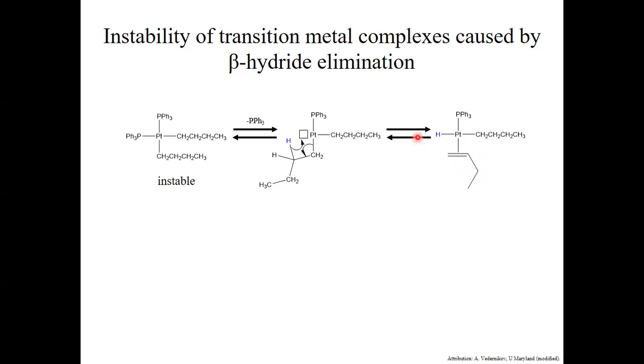Even though this is an equilibrium reaction, because we slowly remove this alkene from the chemical equilibrium, your compound decomposes over time. In contrast to that, this molecule here is stable. Here we don't have butyl groups, only methyl groups. And because we have methyl groups only, we do not have beta carbons, and we do not have beta hydrogens. For that reason, beta-hydride elimination cannot happen, and our molecule is stable.